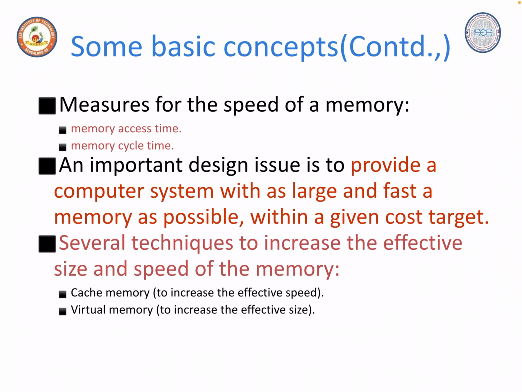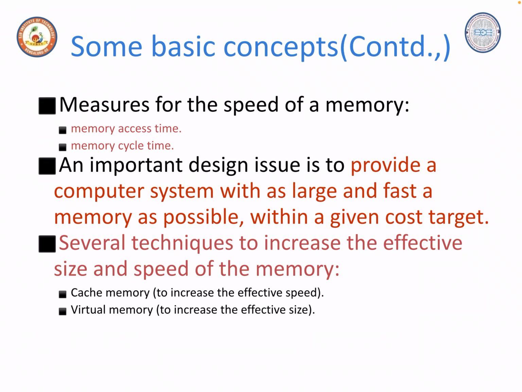An important design issue is to provide the computer with as large and fast a memory as possible, but within a given cost target. So you have to have a large memory with fast access, at a lower price. Several techniques were used to increase the effective size and the speed of the memory.